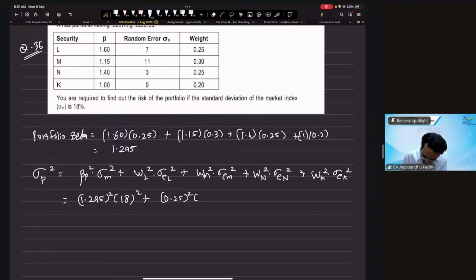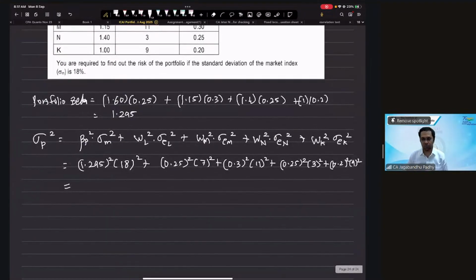plus weight of L square is 1.25 square into variance of error of L, which will be 7 square, plus weight of M square is 0.3 square into variance of error of M, which will be 11 square, plus weight of N square is 0.25 square into 3 square plus 0.2 square into 9 square.